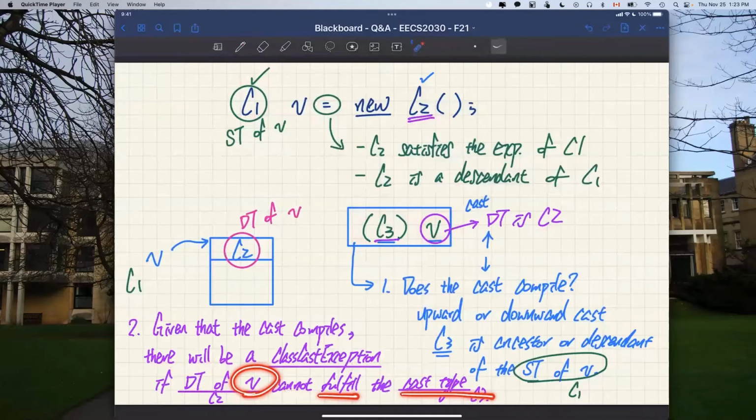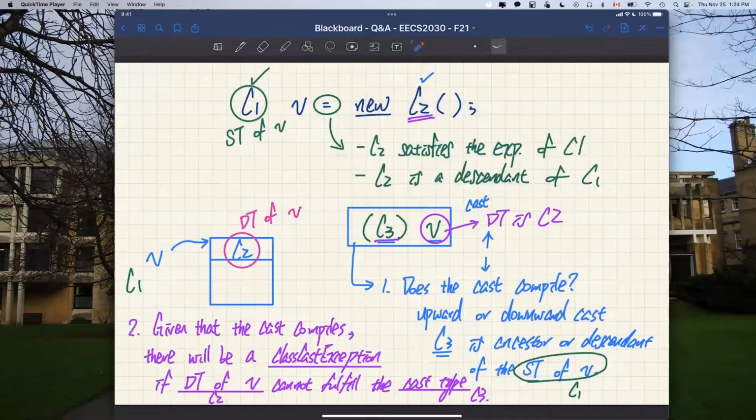If it is not a descendant of that, you cannot fulfill its expectation. Another way to put it would be if the cast type is not an ancestor of the dynamic type. So these 3 are all equivalent. You can look up your iPad notes for that particular lecture. I actually spoke about all 3. All right, so that's what I want to summarize.